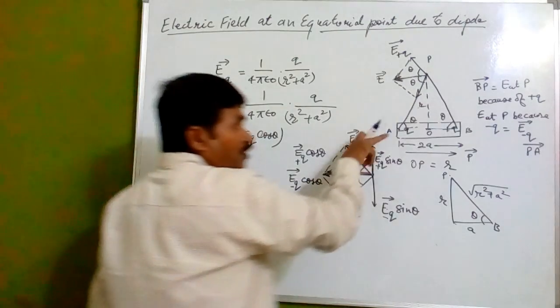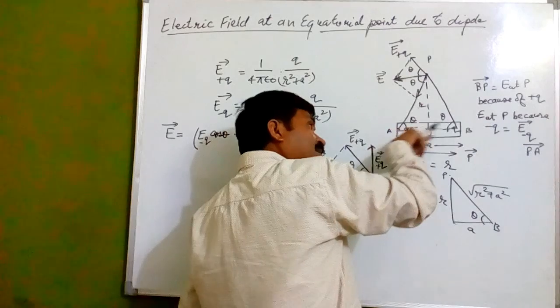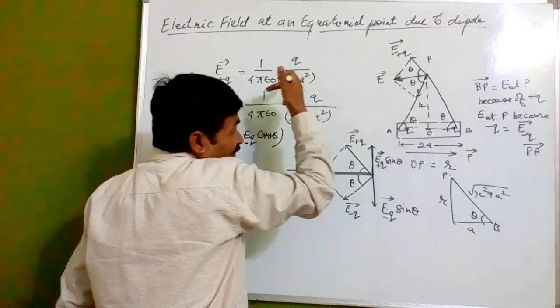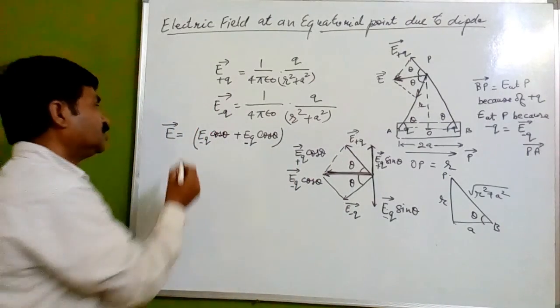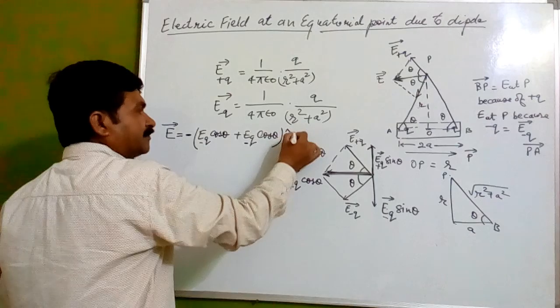Now see here, the dipole moment is acting in this direction and the electric field is acting in the opposite direction, so we take it with the unit vector.